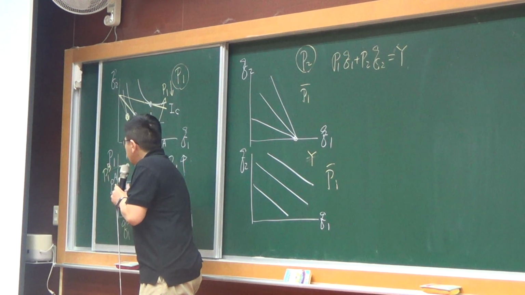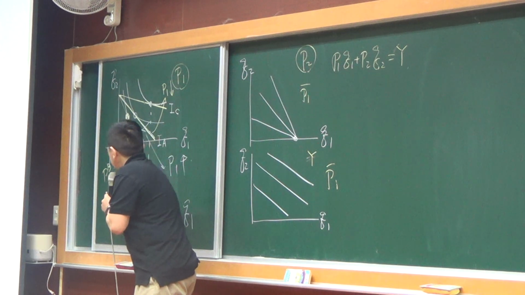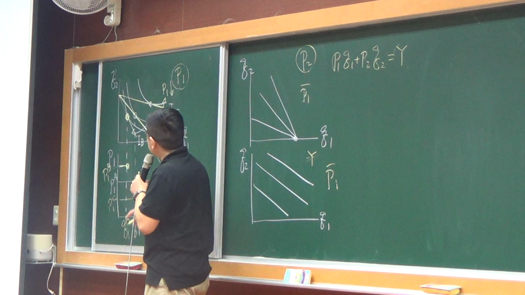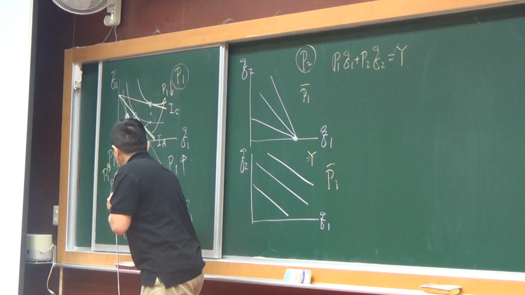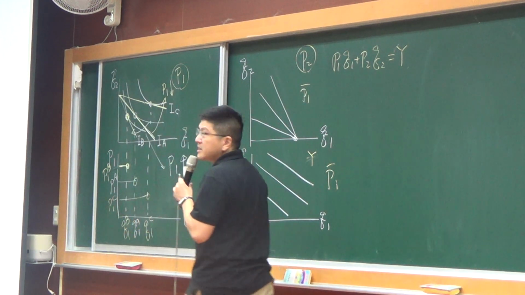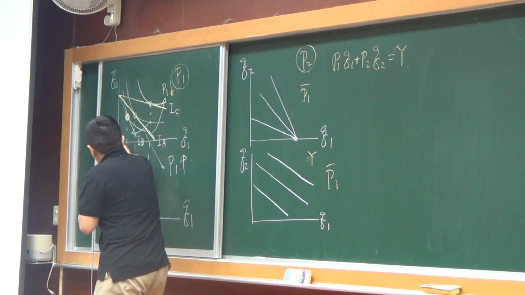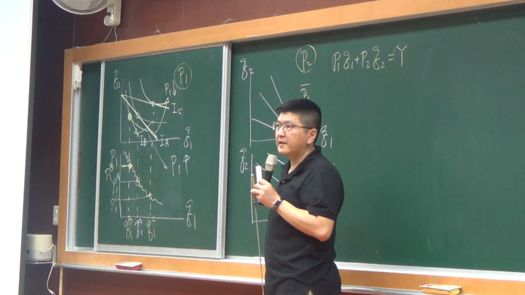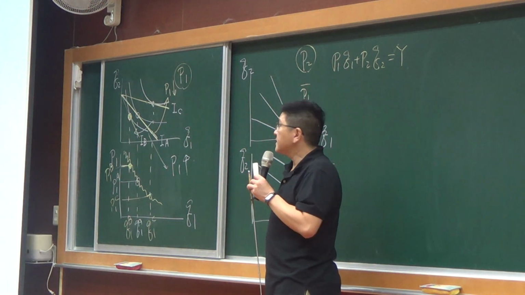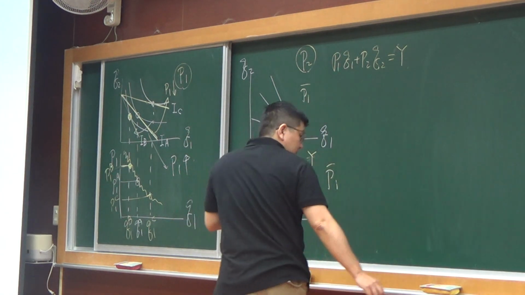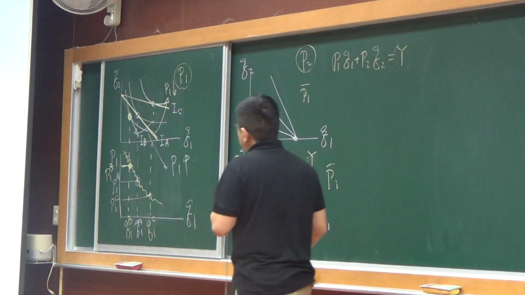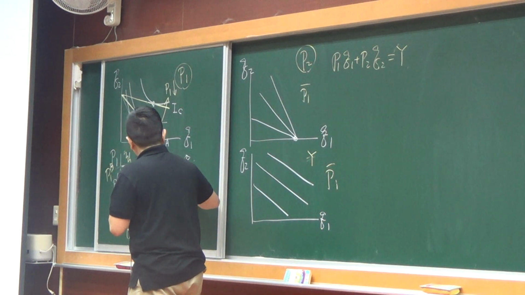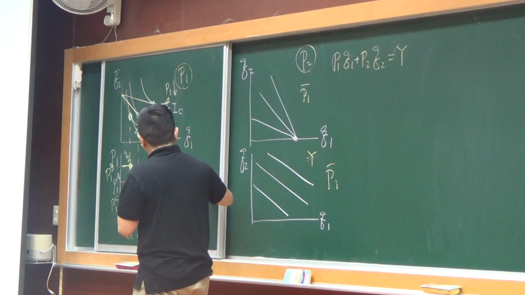So it drops from P1A to P1C, and the corresponding optimal choice for Q1 would be Q1C, right? So this is how we derive the demand curve for Q1. This would be the demand for Q1.